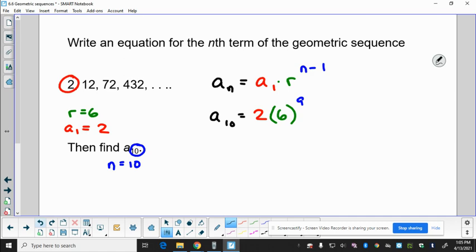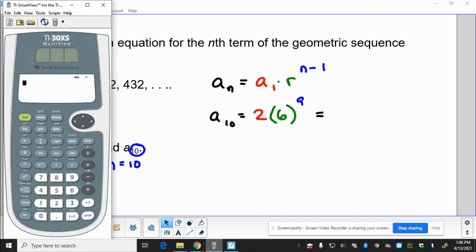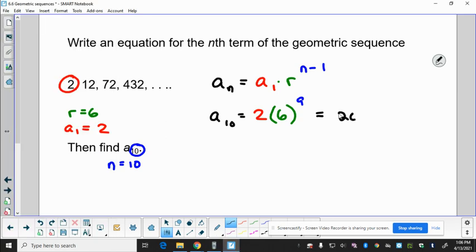Now let's go ahead and figure out what this is. So now I think we need to take our calculator out and type that exponential equation. 2 times 6, so I'll just use parentheses to denote that. Use your exponent key. And I get a pretty darn big number, right? So this is going to be 20,155,392, knowing that we put commas every three numbers.